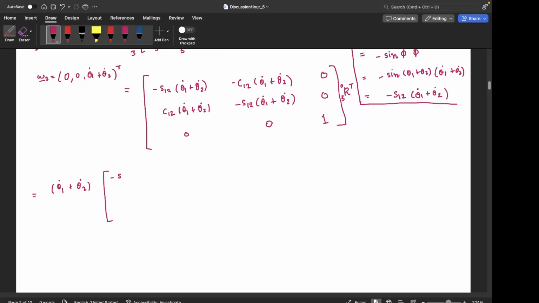This would be minus s12, this would be minus c12, then c12, minus s12, 0 0 1 0.